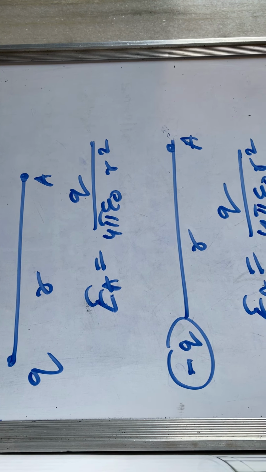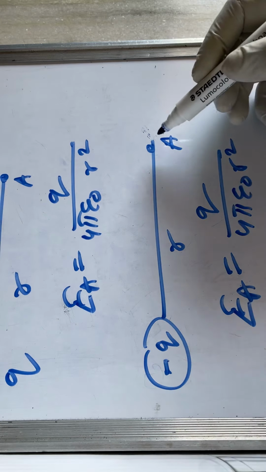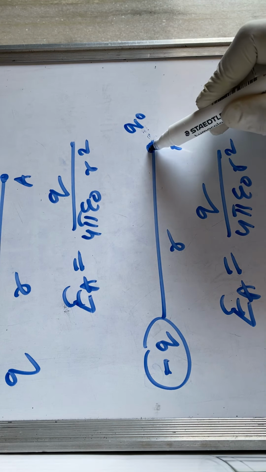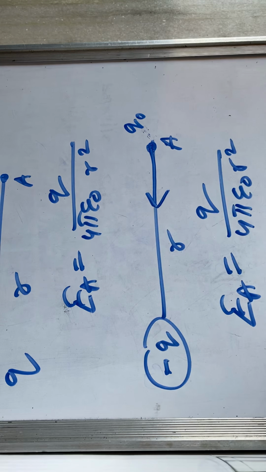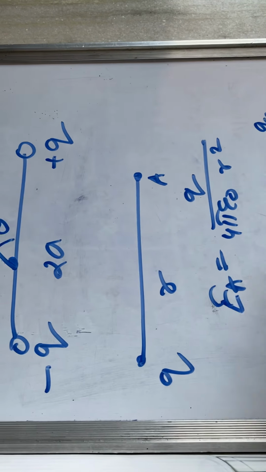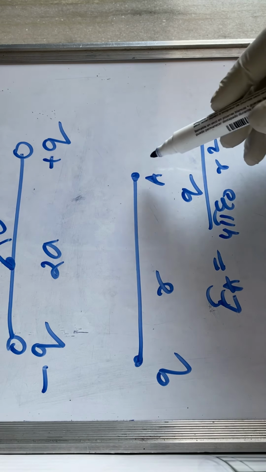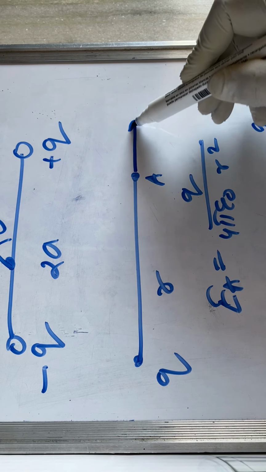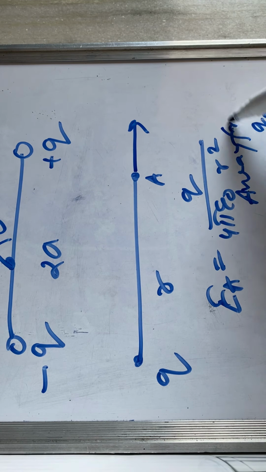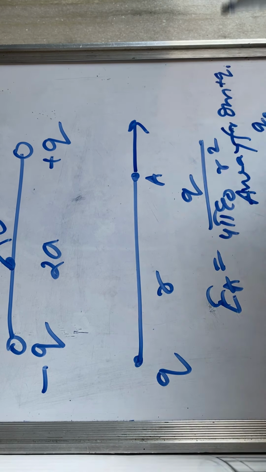The only thing different is the direction, because here if you place a test charge, it will be attracted towards this. So here we'll say, because of the negative q charge, the electric field will be towards minus q, whereas here if you place a test charge, it will be repelled, so the electric field will be away from the plus q charge.